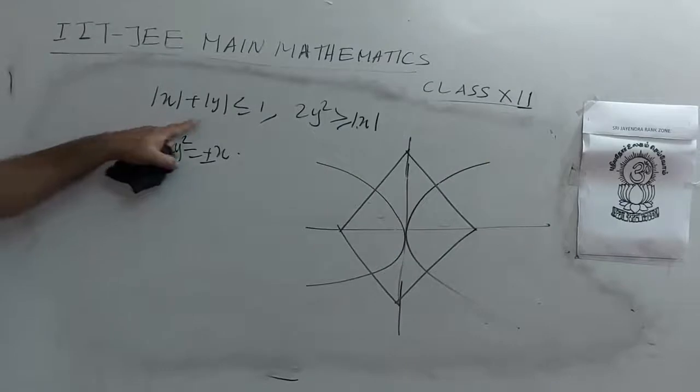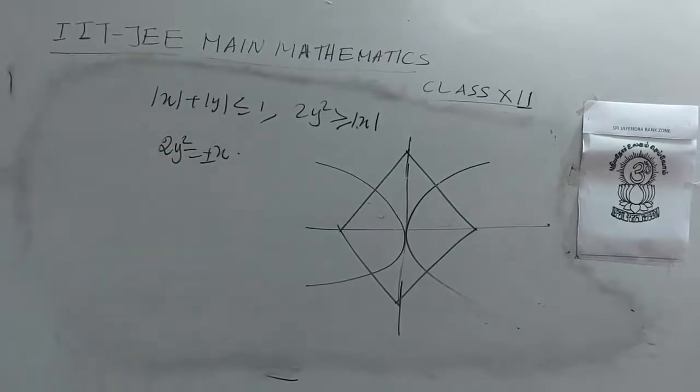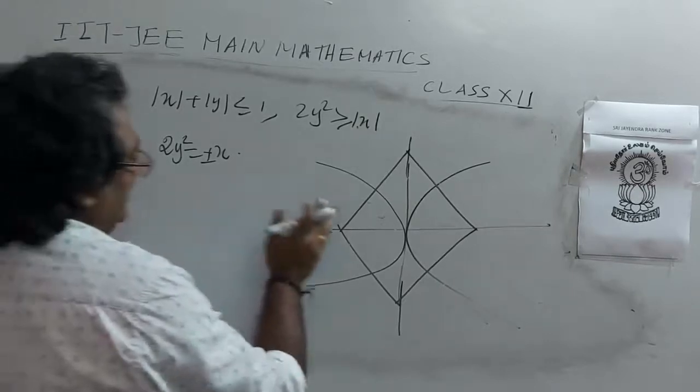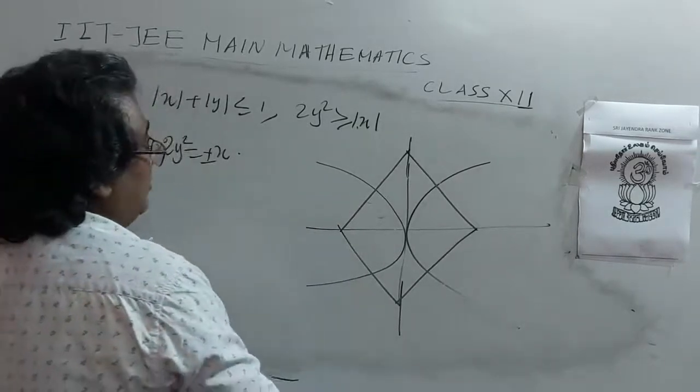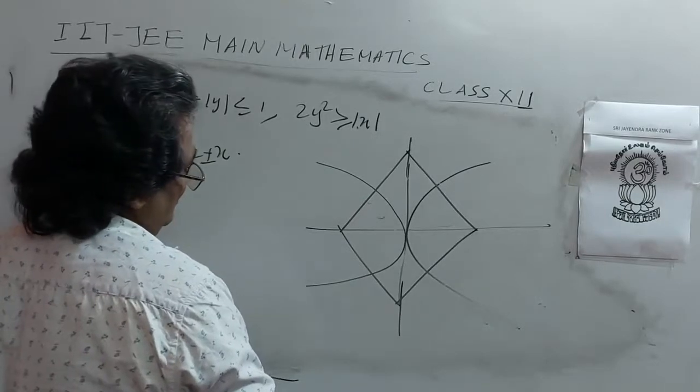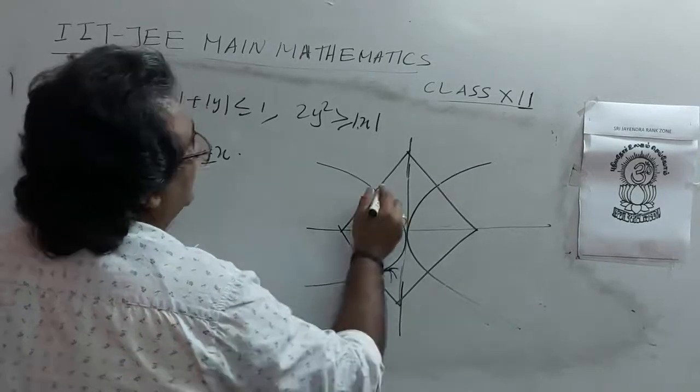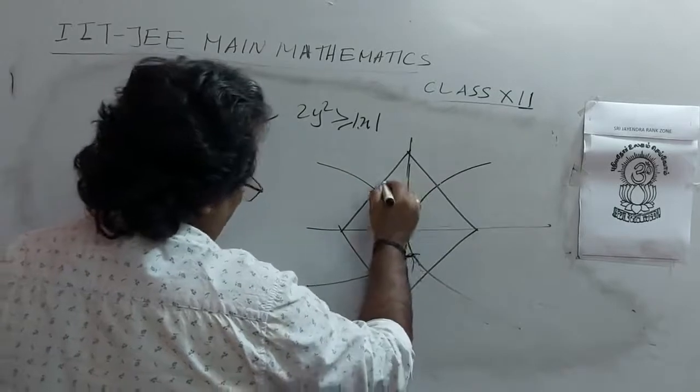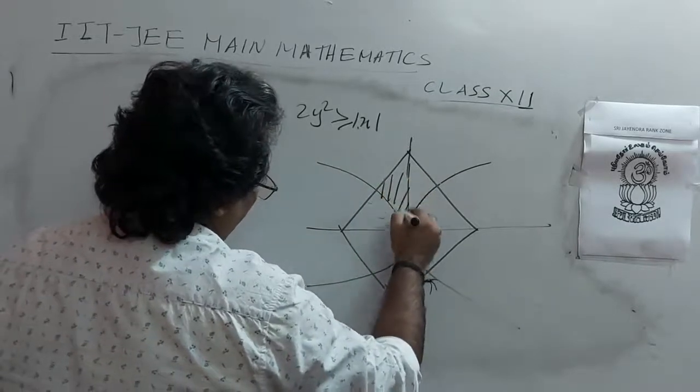That is modulus x plus modulus y less than equal to 1, and bounded by 2y squared greater than modulus x. Greater means outside, that means this portion.